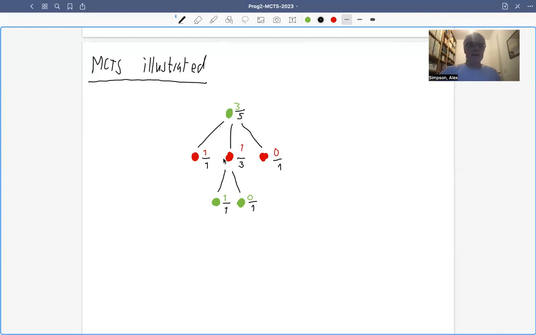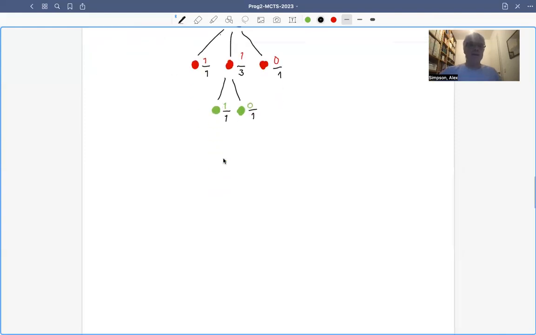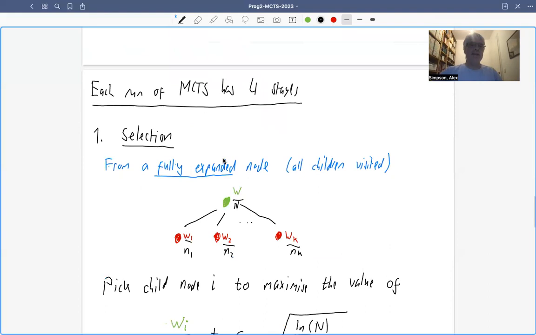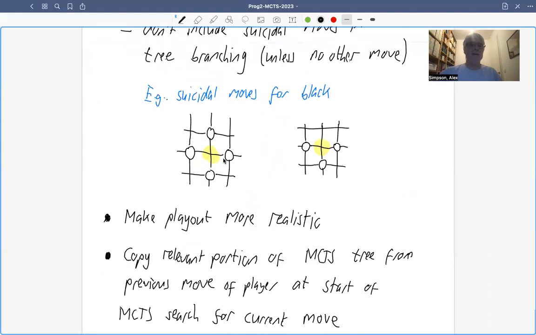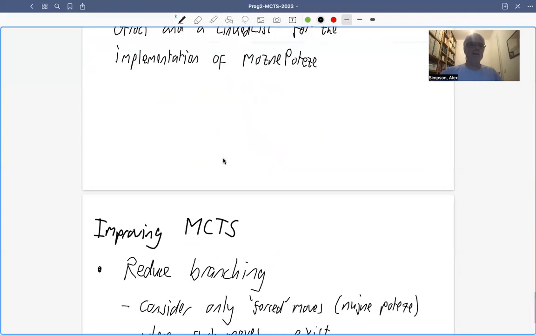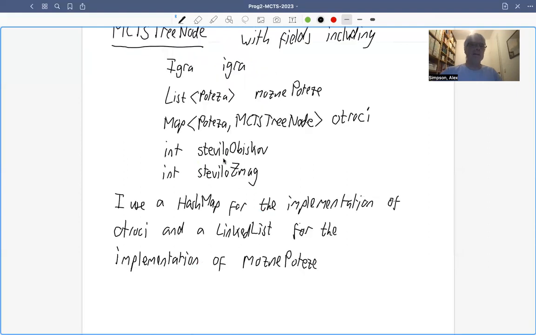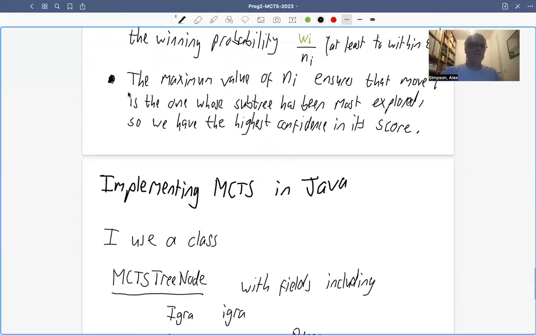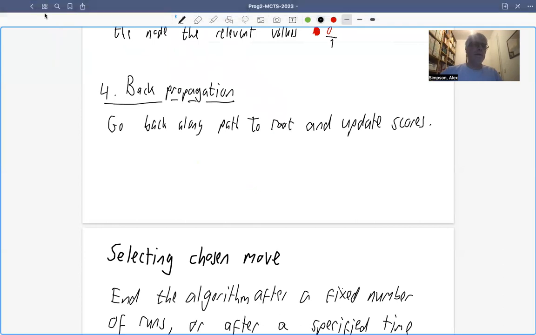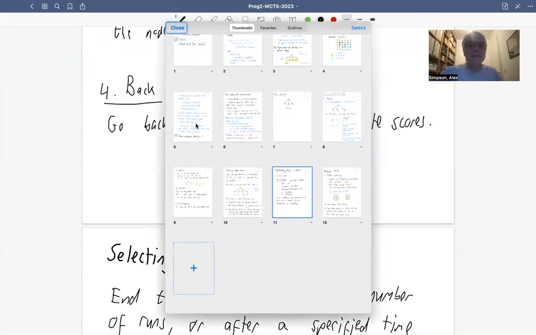So what do we do when we do the selection algorithm from, oh no. It's very frustrating.